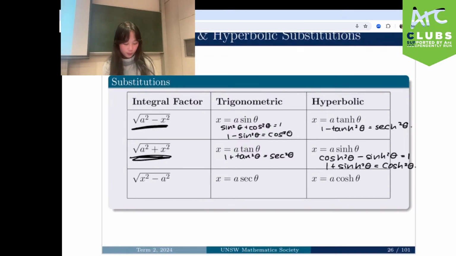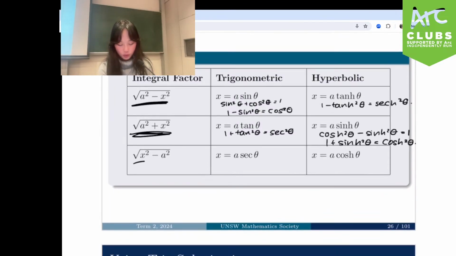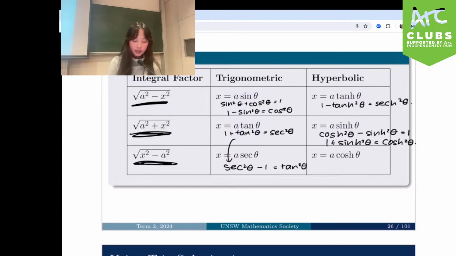Okay, hope we're all clear on that. One more, we're substituting a sec theta for x here with the same property, we've just rearranged it slightly. This property, and again, same property here, we've just rearranged it slightly. Cosh squared equals 1 plus sinh squared. Are we all clear? Okay.